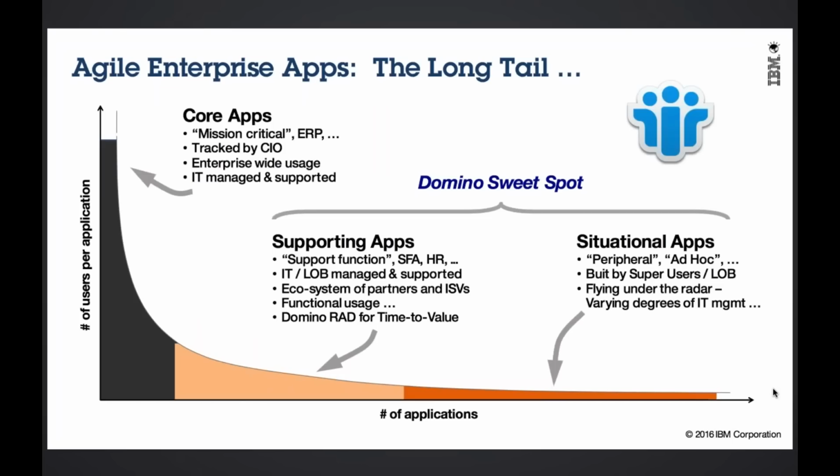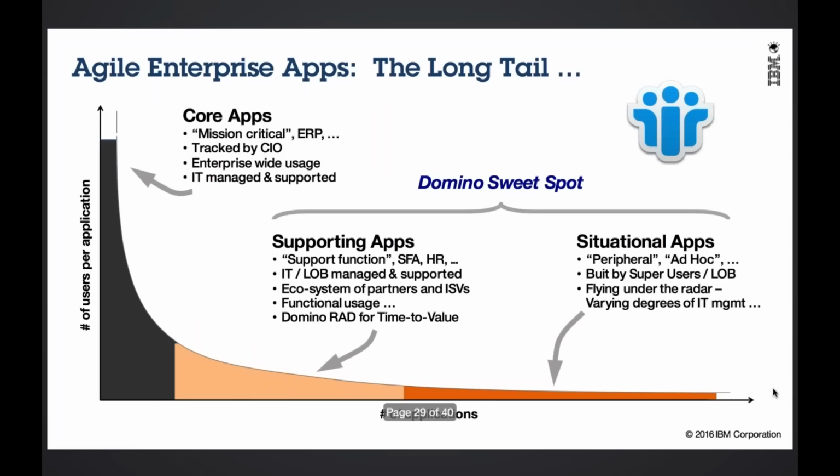And this is where Domino has a wonderful rapid application development model and delivers a unique time to value. And we still focus on doing that, and we're taking the steps now to modernize the way to do this and to take the existing platform forward into the future, both in terms of the platform and in terms of the tooling.